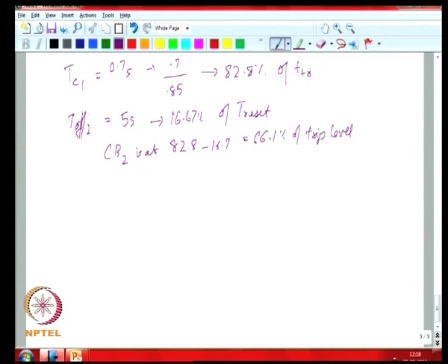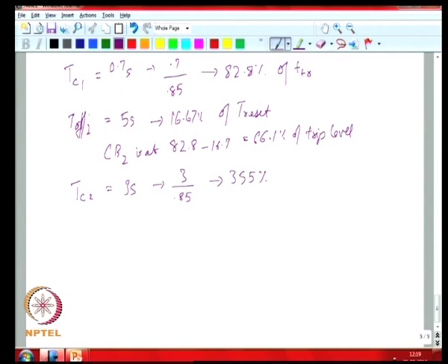Now, if you look at your closed duration 3 of 3 seconds, 3 seconds divided by 0.85 is 355%. So, obviously, it has tripped before the 3 seconds has ended.